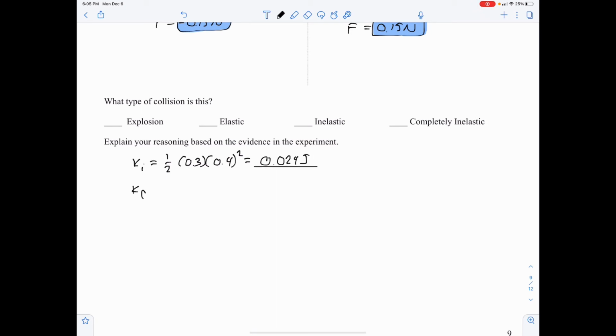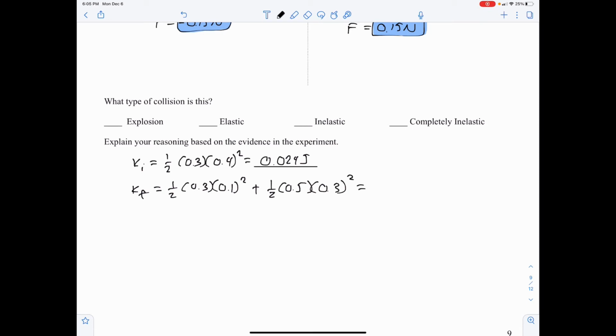The kinetic energy afterwards is going to be 1/2 times mass 1, and its velocity afterwards is 0.1 squared, plus the other mass, 0.5, times its velocity of 0.3 squared.